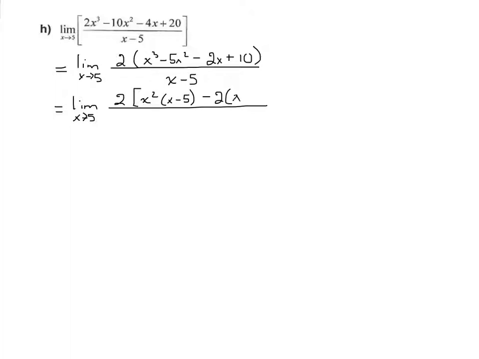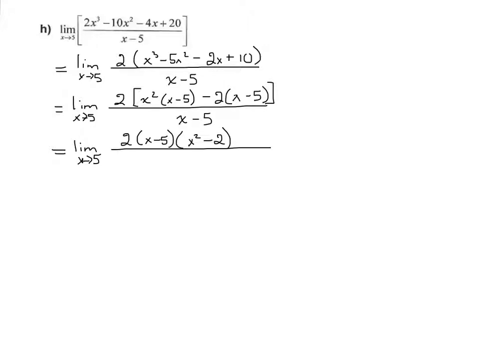And look at that, we have an x minus 5 as well. That's really, really nice. Of course, if we didn't see that, we would of course use long division. So we have 2x minus 5 coming out, and an x squared minus 2 left over the x minus 5.